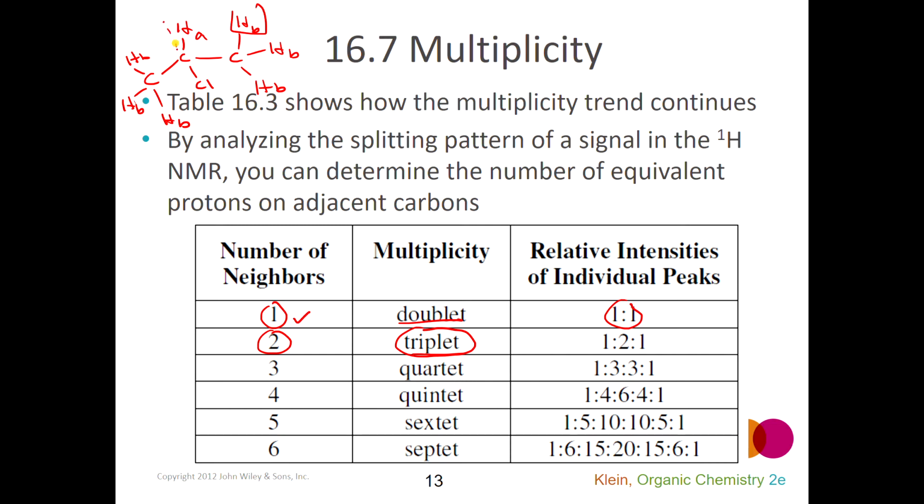And due to the symmetry of the structure here, these 3 Bs and these 3 Bs are all equivalent. So now I've got 6 total hydrogens on neighboring carbons that are all splitting hydrogen A. So when there's 6 neighboring hydrogens, the pattern I see has 7 signals with these ratios. It's called a septet. 7 signals.